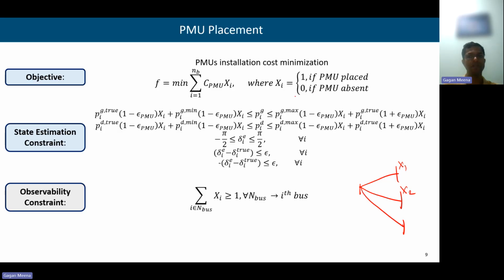You can see xi is either 1 or 0. It can take only two values: either it is there in the bus or it is not there. It can take only the values one and zero, and that's why it's a binary variable. Then we make it integer also: one for present, zero for absent. That's the formulation used.